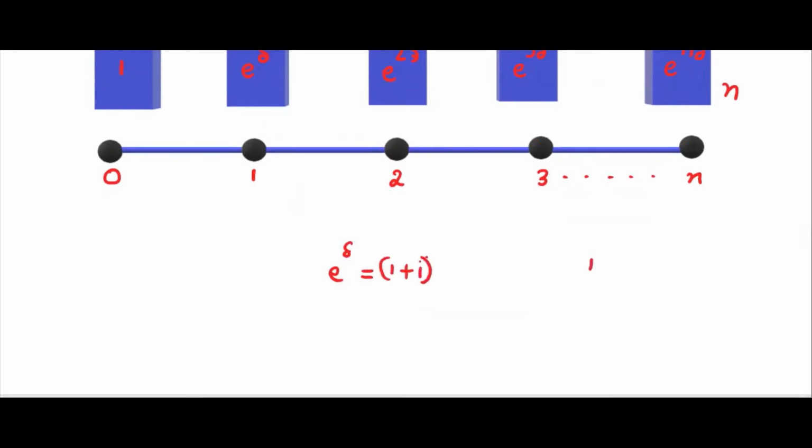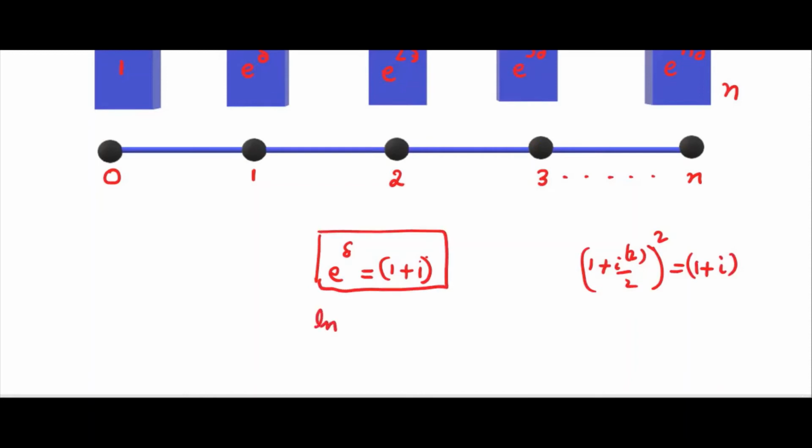Exactly like 1 plus i2 by 2 is 1 plus i square. This is 1 plus i. E power delta is also 1 plus i. If you take log both the sides, then it will be ln 1 plus i.